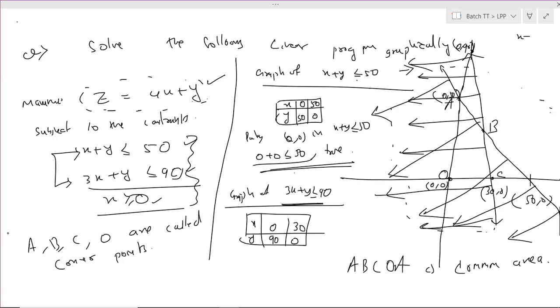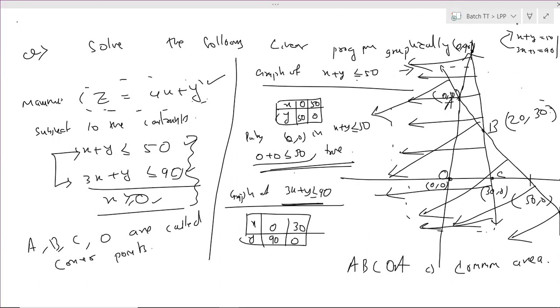Solve x plus y equals 50 and 3x plus y equals 90 and find the intersection point. Subtracting, 2x will be 40, so x will be 20 and y will be 30.